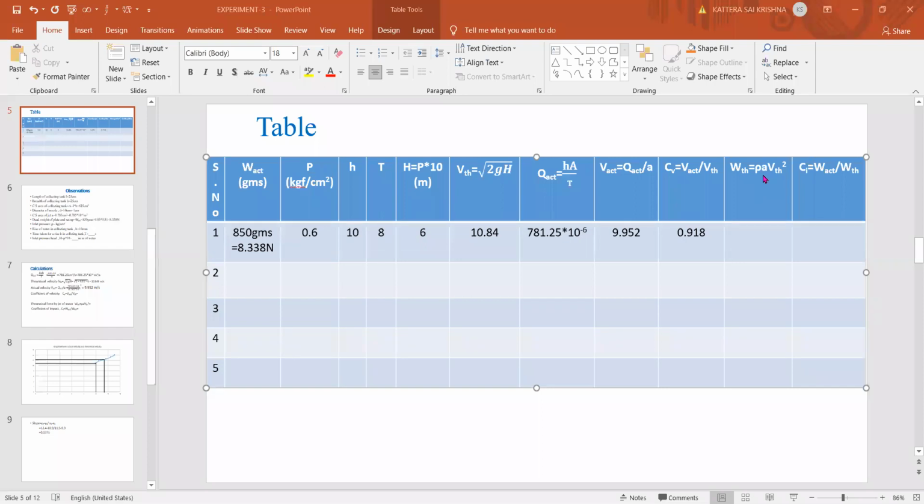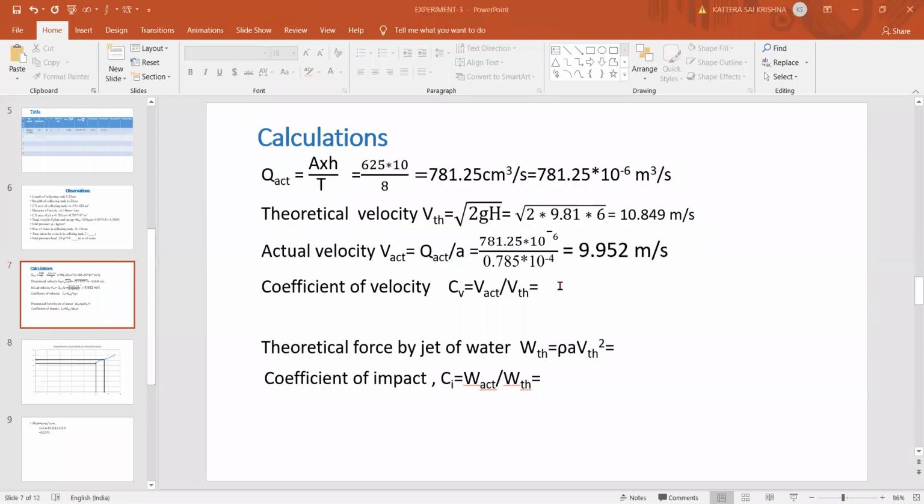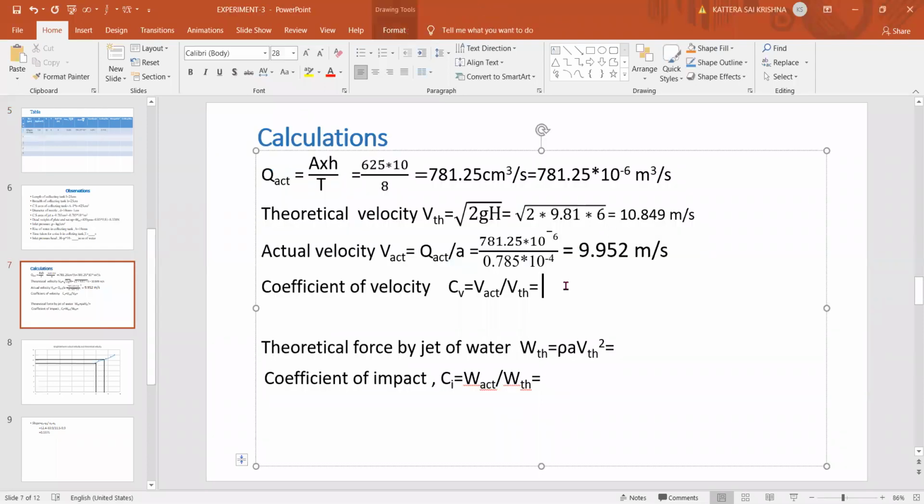So later you calculate W theoretical. So that is rho A VTH square. This is what you got, 0.918.